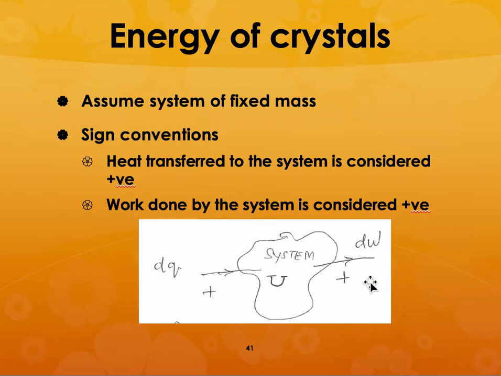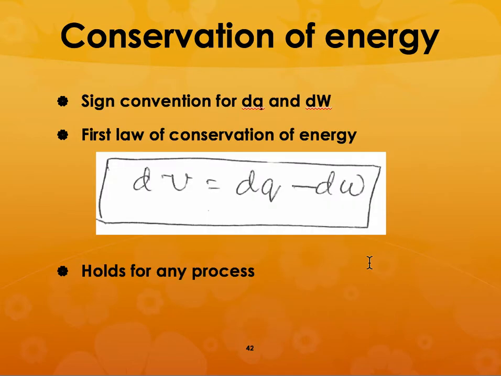So both these are positive, but the amount of energy that is remaining in the system is equal to dq minus dW. And that is the amount of energy that is remaining in the crystal structure. So that is the first law of conservation of energy. So that should remain the same.